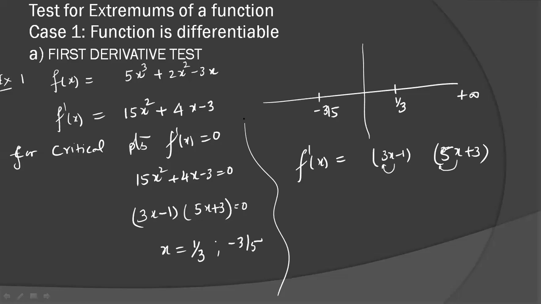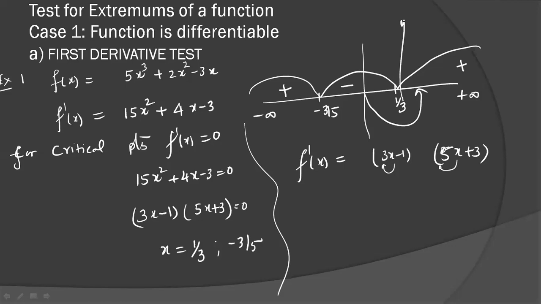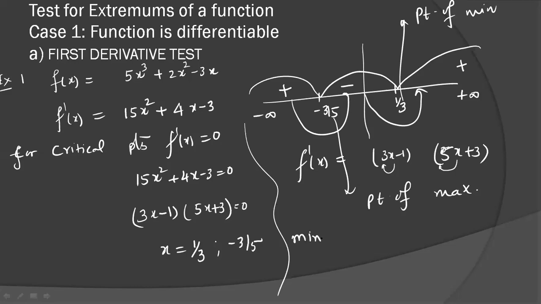It is your plus infinity, it is your minus infinity. You can see my lecture 14, I have discussed linear inequality. So it will go plus minus plus. I told you when the sign is changing from minus to plus, this will be the point of minima. And plus to minus, then this point will be the point of maximum.